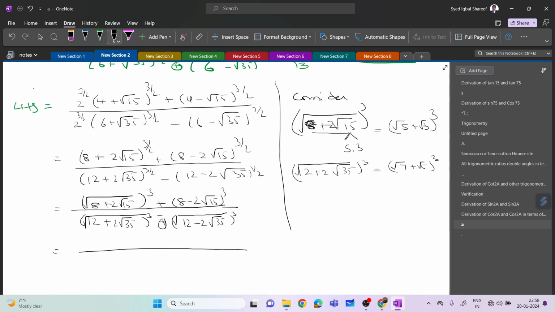So this we have done just now. This is root 5 plus root 3 whole cube plus root 5 minus root 3 whole cube divided by root 7 plus root 5 whole cube minus root 7 minus root 5 whole cube.